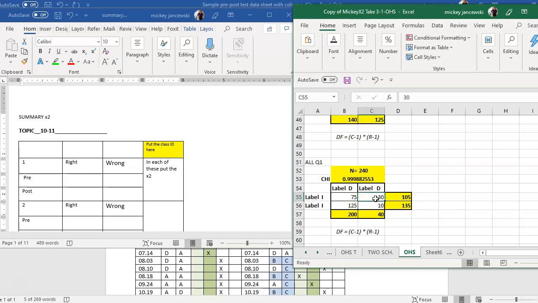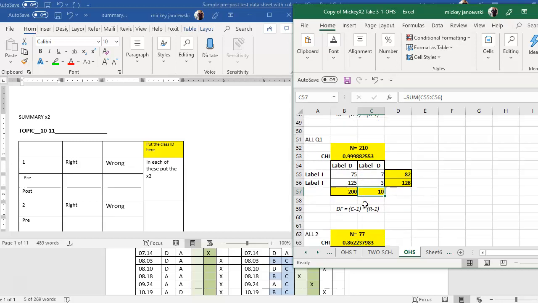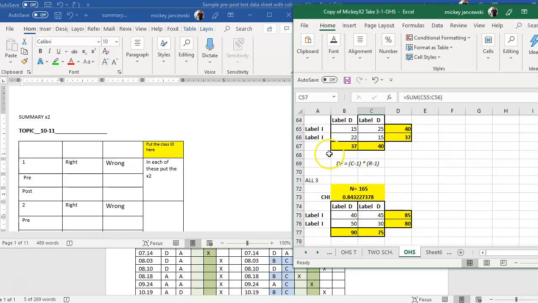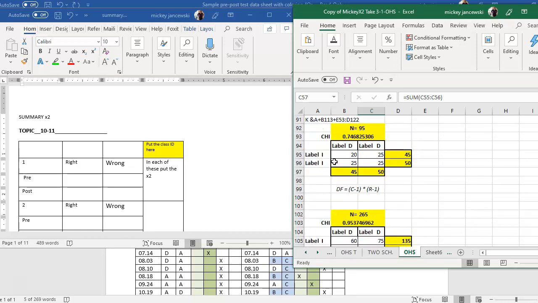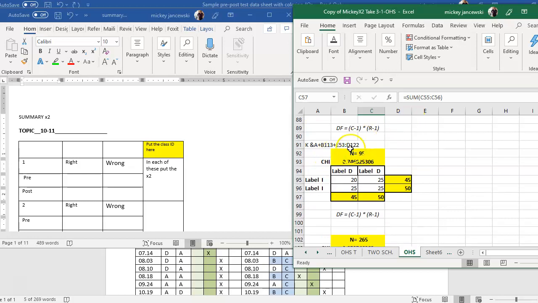And on the post-test, you have a very small number. We'll say you have 10. Let's say 7 got it right and 3 got it wrong. So that tells us that we're more than 99% likely that you made this change happen. So you're going to be looking at that 1, 2, 3, all knowledge and all knowledge and attitude.